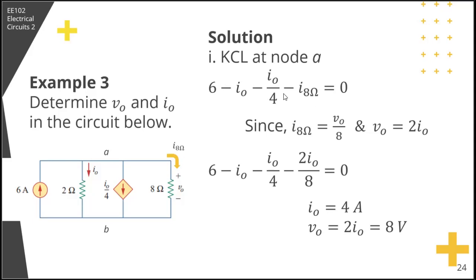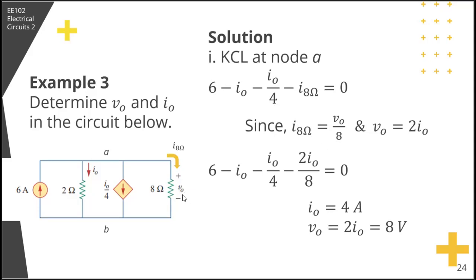So what do we solve for? The current I 8 ohm passing through here is just equal to VO, the voltage across it, over its resistance. So I 8 ohm is equal to VO over 8.